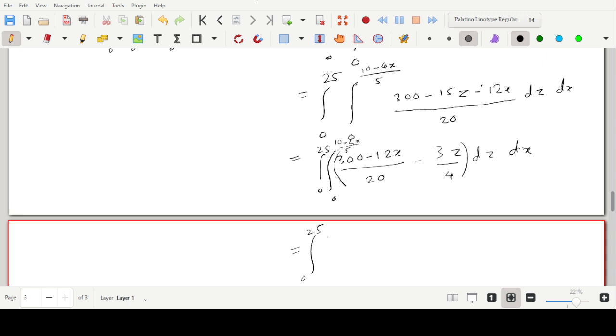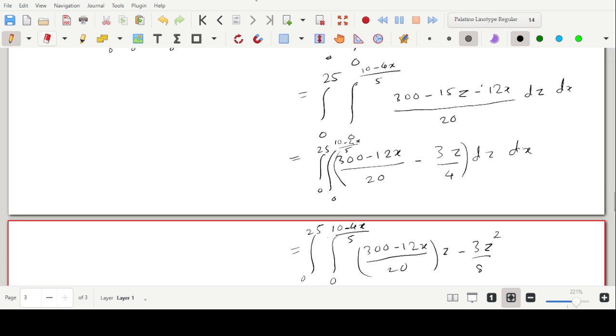Alright. This is 0 to 10 minus 4x over 5. Now here it will be, this is a constant with respect to z, so 300 minus 12x over 20 times z, minus 3z square over 4 integrated, so 3z square over 8.